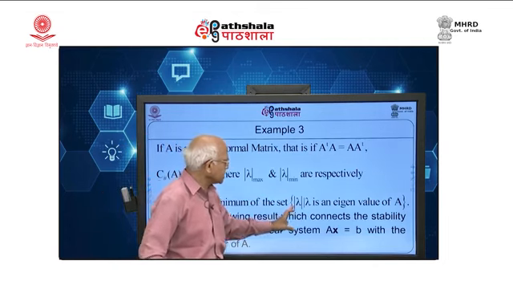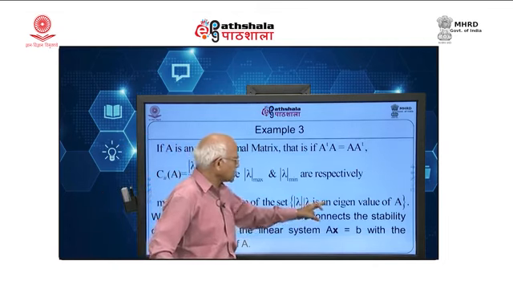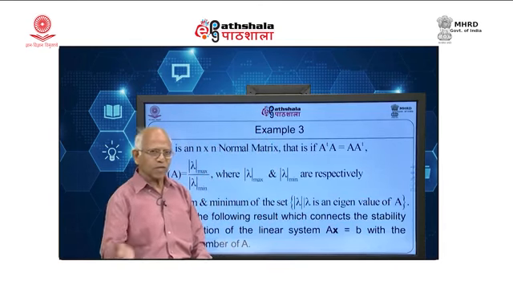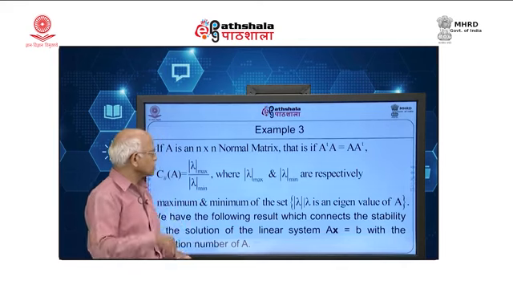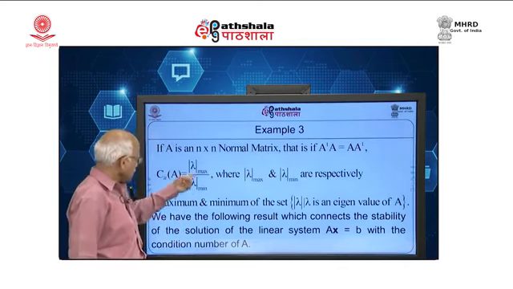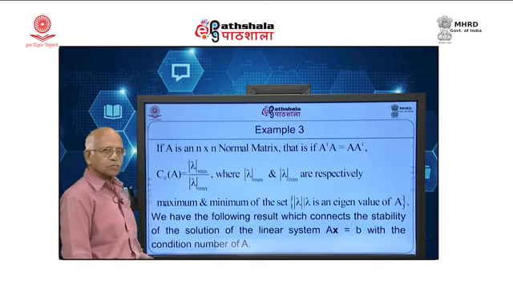So, what is this set? This set is mod lambda, where lambda is an eigenvalue of A. So, you take all eigenvalues, take their absolute values, and you consider the maximum and minimum of these absolute values, take their ratio, that will give me the condition number.